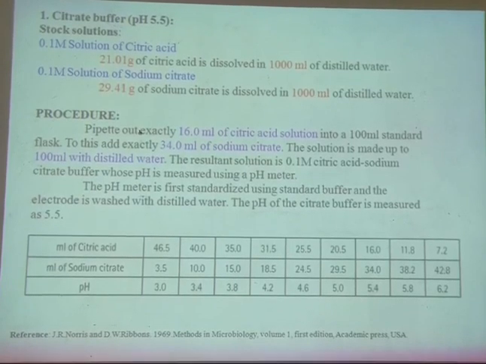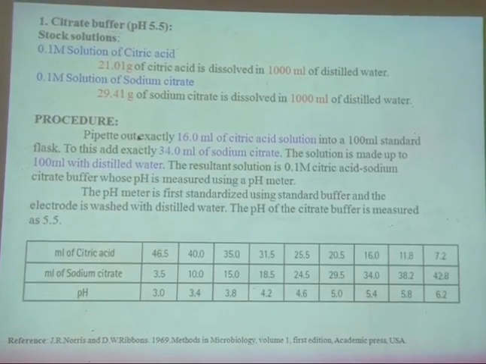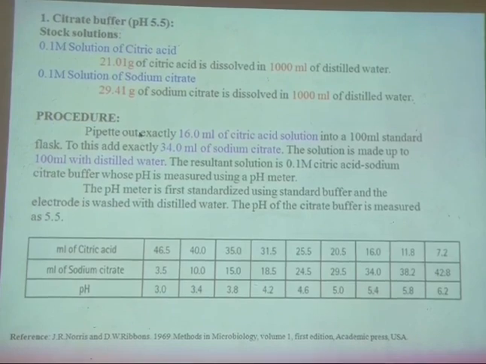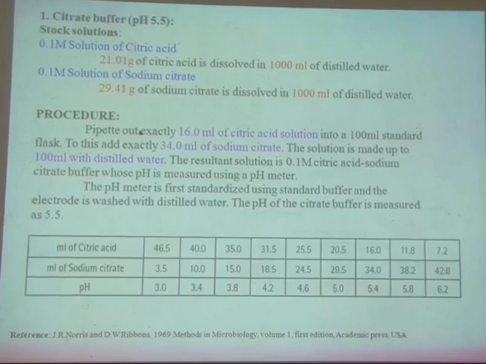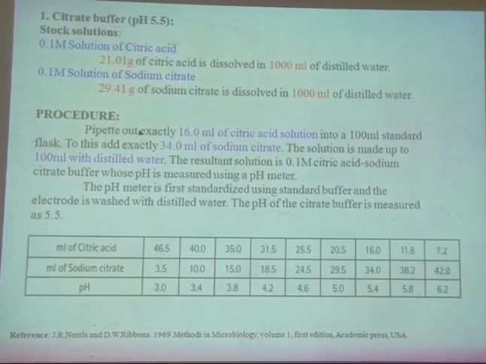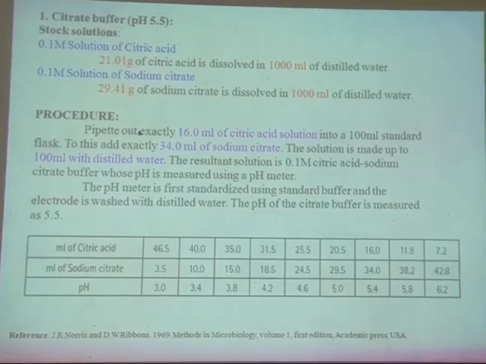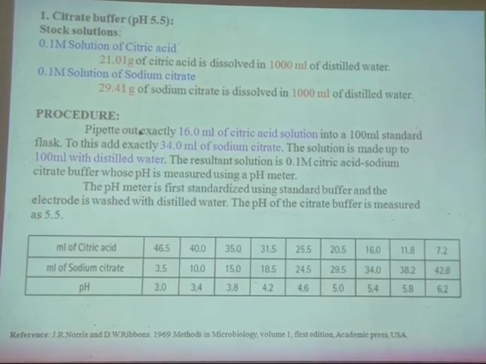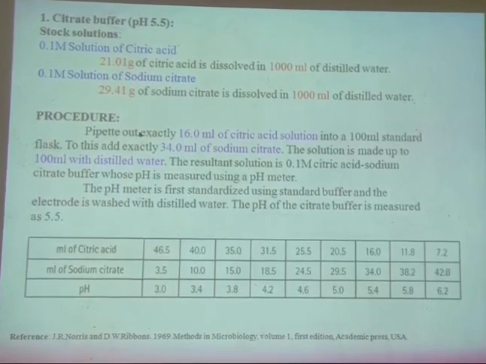You have to take 16 ml of citric acid solution from the stock, put it into a 100 ml standard flask, add exactly 34 ml of sodium citrate solution, and make up to 100 ml. Then it will give 0.1 molar citric acid-sodium citrate buffer at pH 5.5.